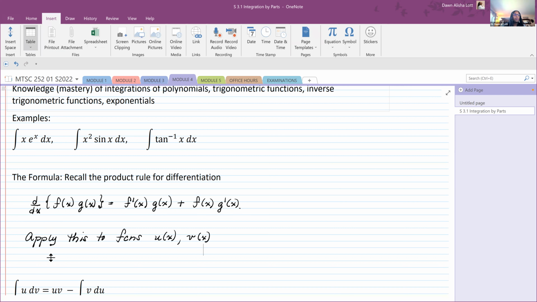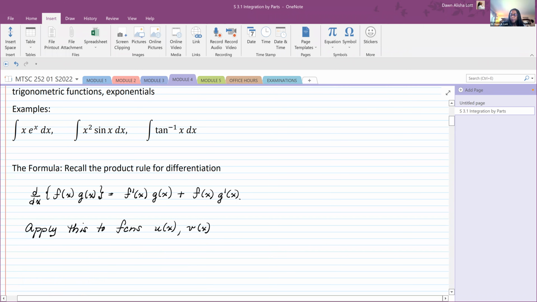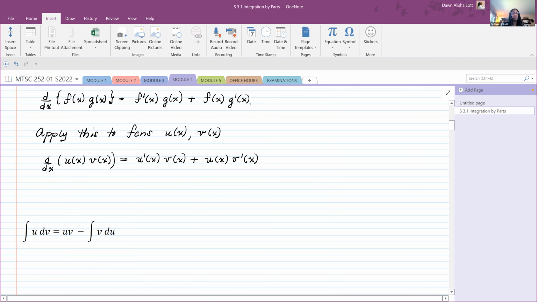So when I go to apply this product rule to these functions, I get that the derivative with respect to X of U of X times V of X is U prime of X times V of X, plus U of X times V prime of X. Okay, so now we already know that we just used the product rule.